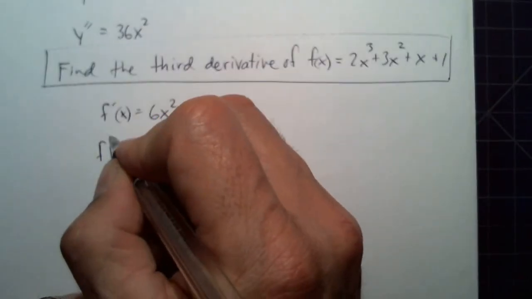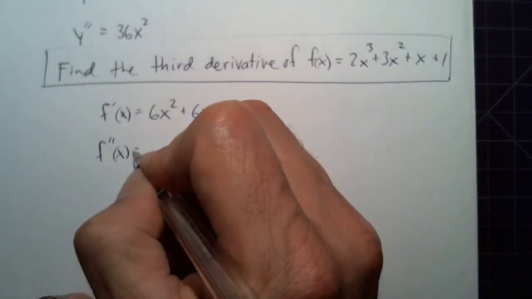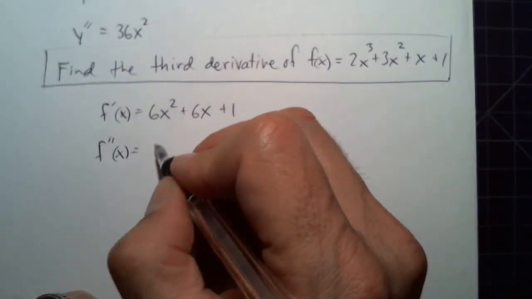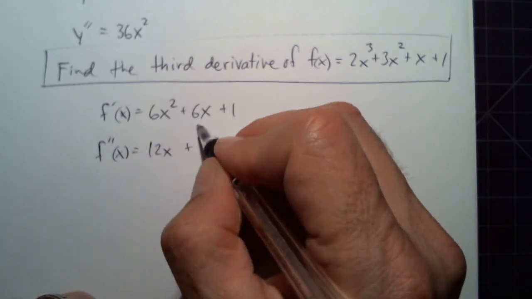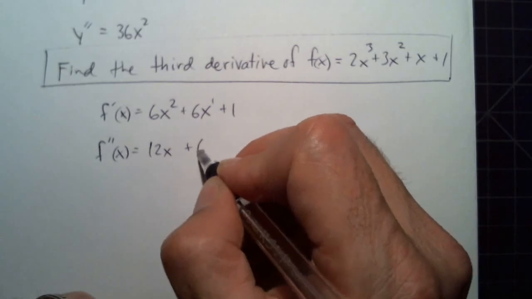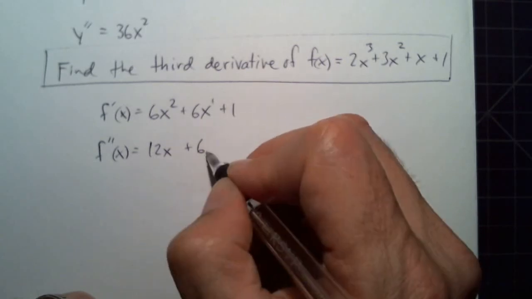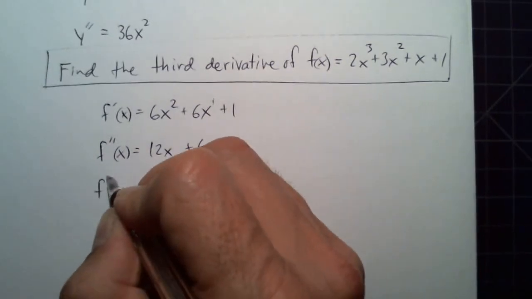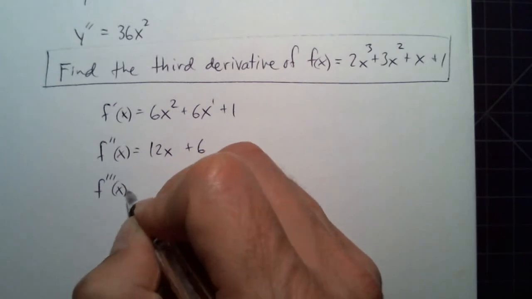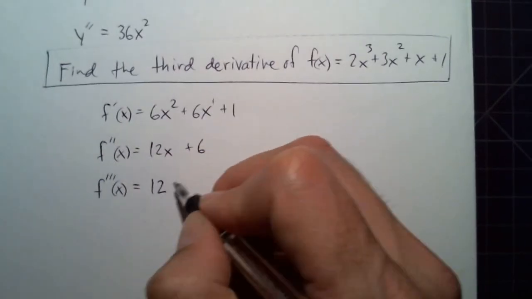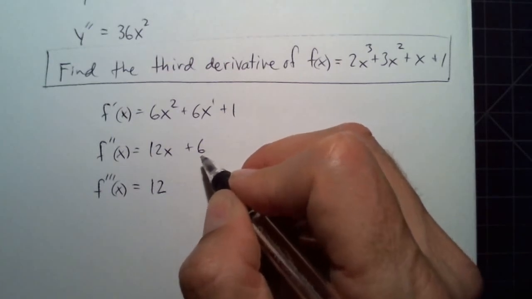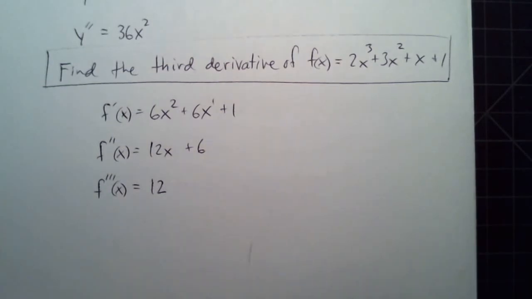First derivative, here's the second derivative, and that's going to be 12x to the 1. The derivative of this term is 1 times 6. 1 minus 1 is 0. So there's the second derivative. And the third derivative is just the derivative of this, which is 12. The derivative of this is 0. And we'll stop there.